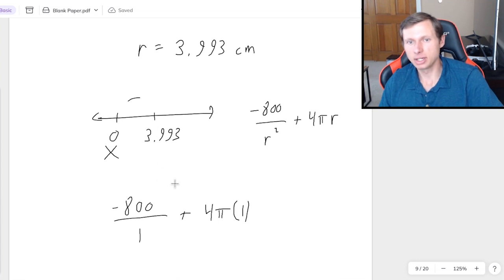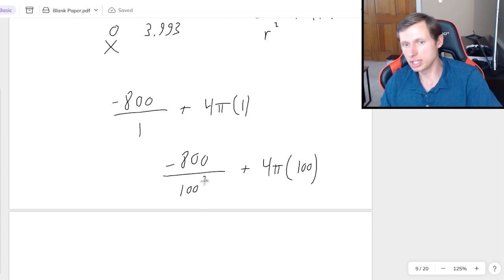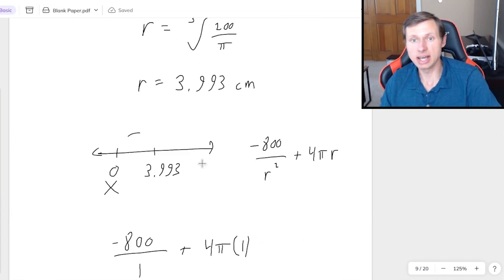And then if I plug in a number like 100 or something, it's going to be negative 800 over 100 squared plus 4 pi times 100. This number's pretty small. It's like 0.008 or something. And then this number is like 400 pi, so it's ginormous. It's definitely going to be positive here. So finally, analyzing my result, negative followed by a positive is going to be a relative minimum.